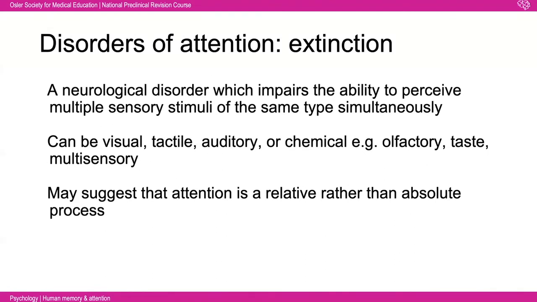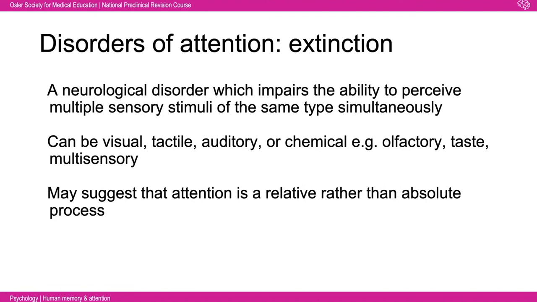So I explained extinction before, but it's important to note that that was just one example of it. It's any neurological disorder which impairs the ability to perceive multiple sensory stimuli of the same type simultaneously. But it doesn't have to be tactile like in the example I gave.